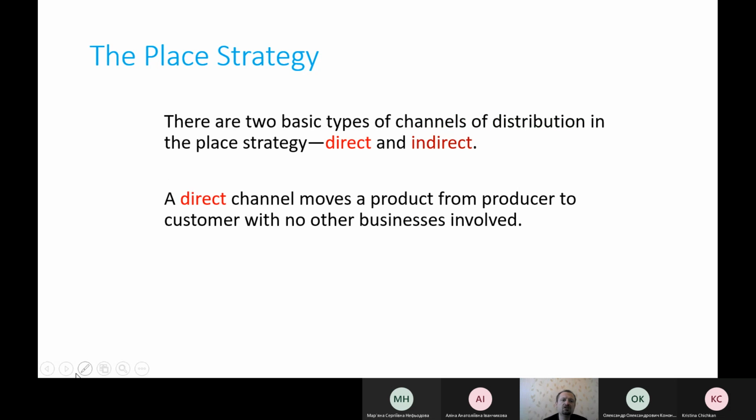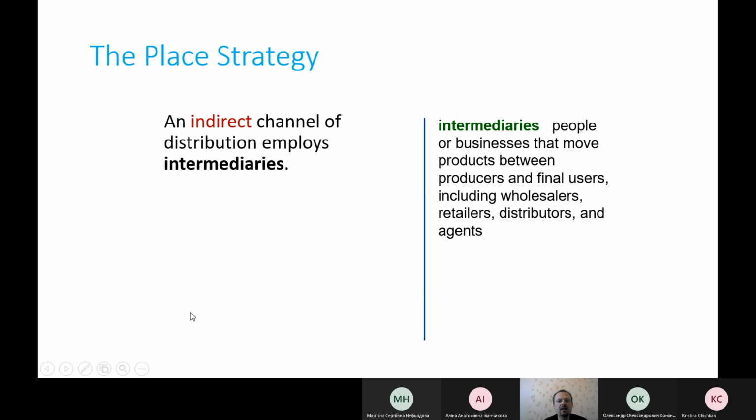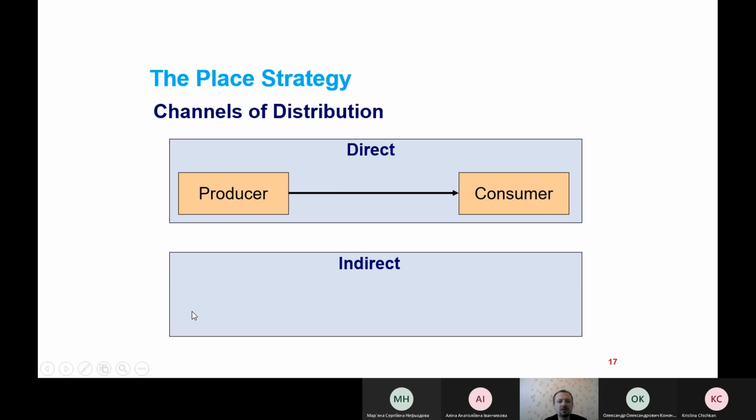Channels of distribution could be direct and indirect. It's rather obvious when it is indirect: we are inviting some intermediaries.